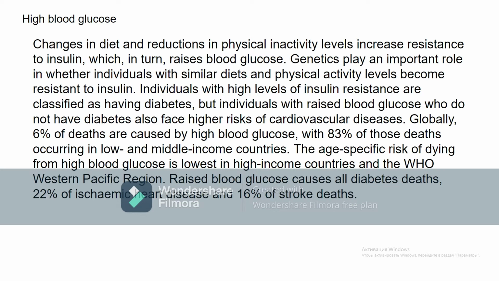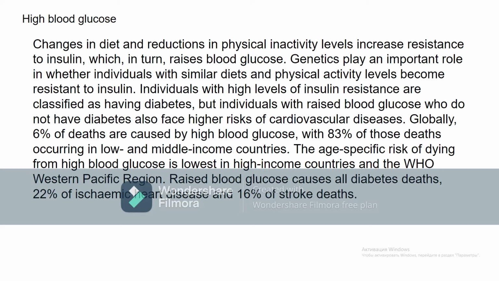So, as a conclusion, we could summarize that high blood glucose is a kind of critical, dangerous issue that should be prevented by physical activity and other measures.